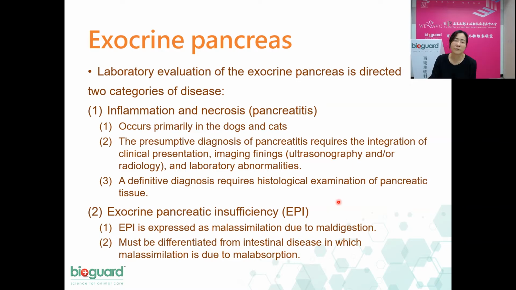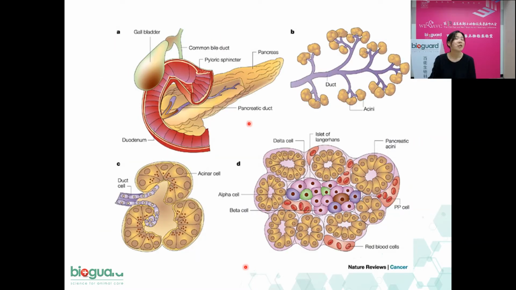And so when we face some problems with the digestive system, we need to differentiate whether the problem is due to maldigestion or malabsorption. So we will look closer at the anatomy of the pancreas. This is the pancreas.